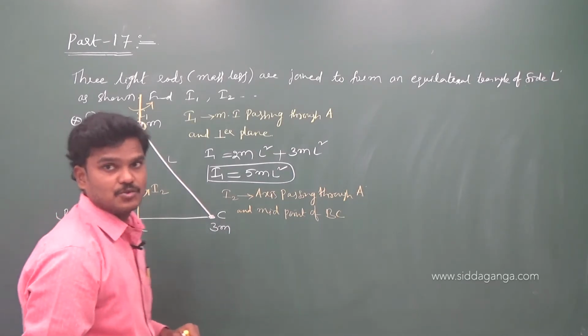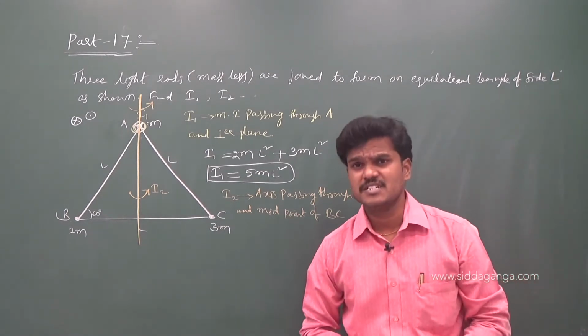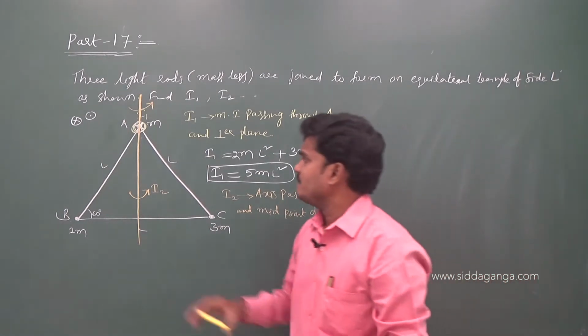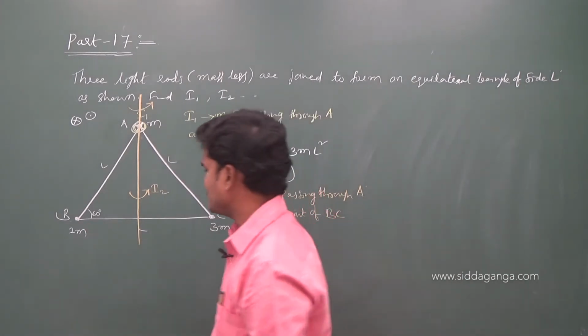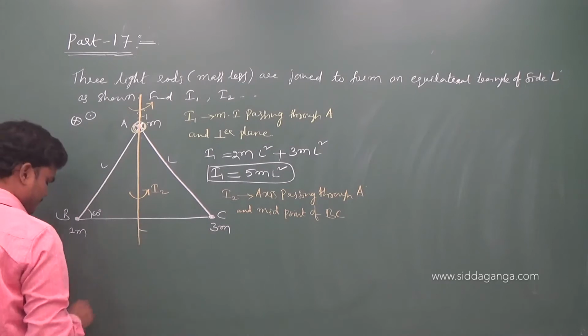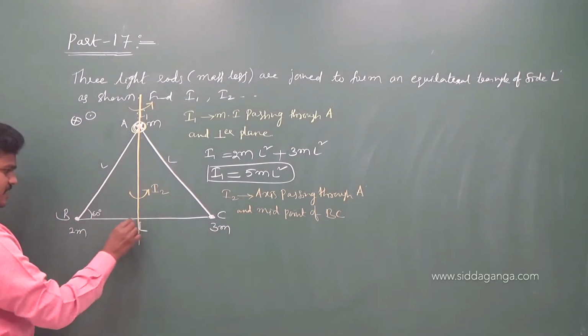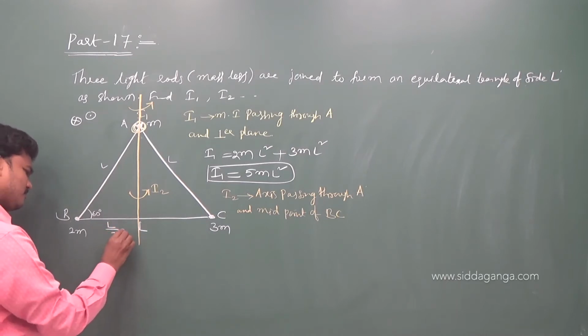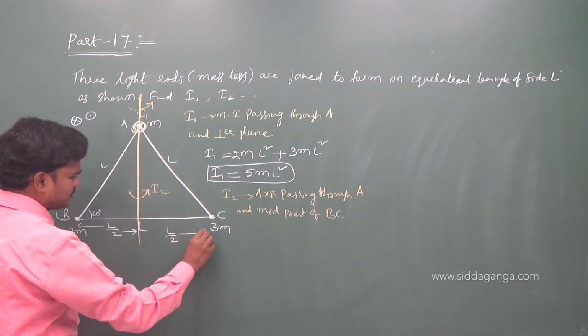If the axis passes through the mass m, then there is no moment of inertia, because there is no perpendicular distance. Okay, and for this axis, what is the distance of 2m from this axis? 2m is at a perpendicular distance of L by 2. 3m is at a perpendicular distance of L by 2. So clear.